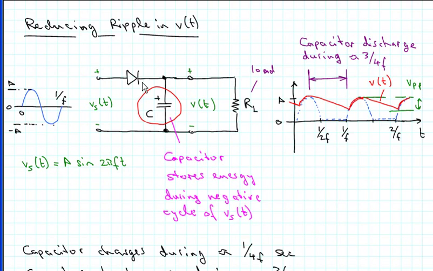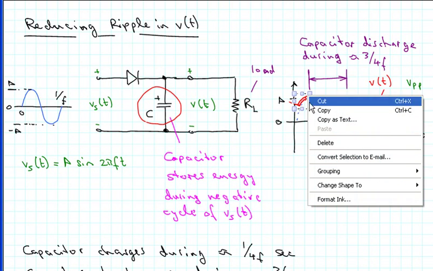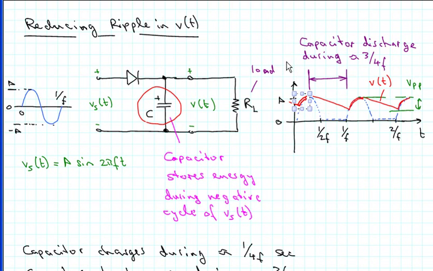So what we are getting is, we start somewhere here at the peak of the sinusoid, and then we get an exponential decay from here, because the C and the R here form an RC pair, and the discharge of a capacitor through a resistor has a negative exponential decay.